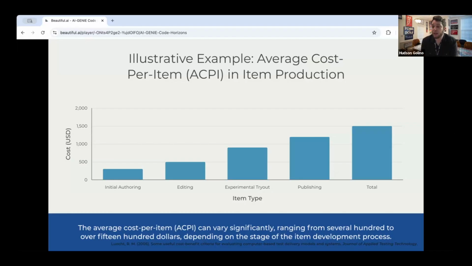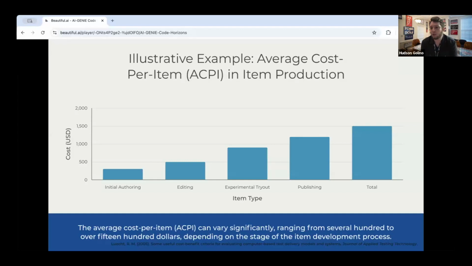But we can have an idea of how expensive it is using the average cost per item index in item production. The average cost per item can vary significantly, ranging from several hundreds to over $1,500, depending on the stage of the item development process.